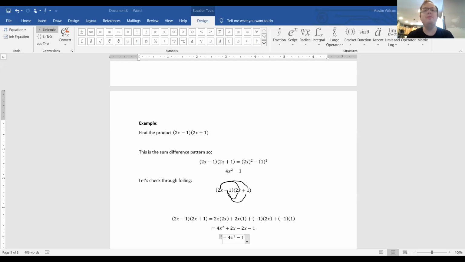And at this point, we ask ourselves, what times what equals 49, but also has to add up to be negative 14, the b value. Negative 14 is our b value.